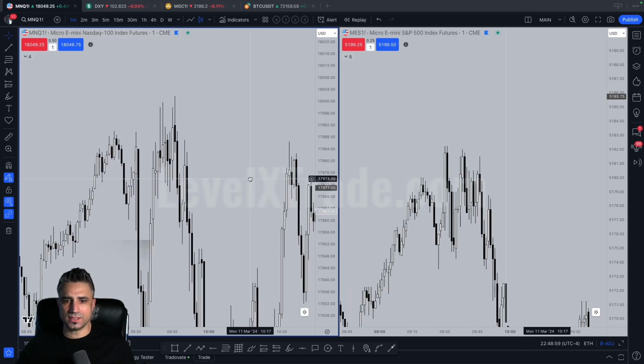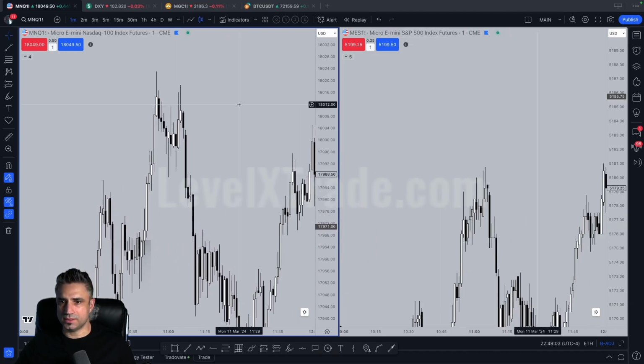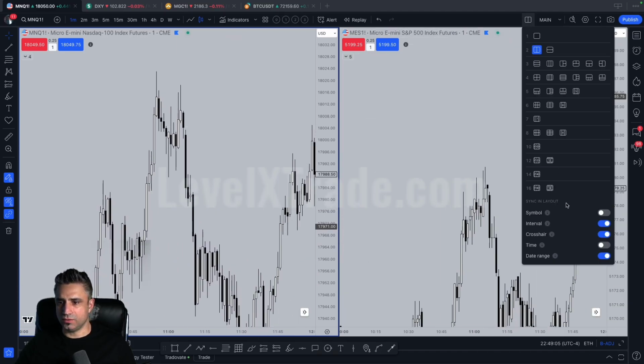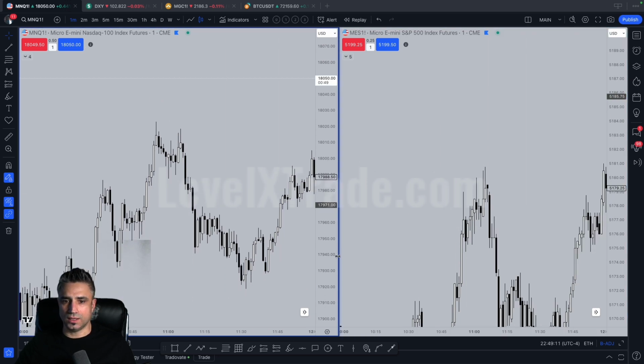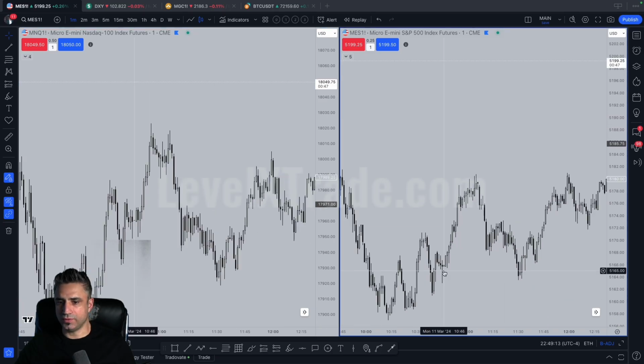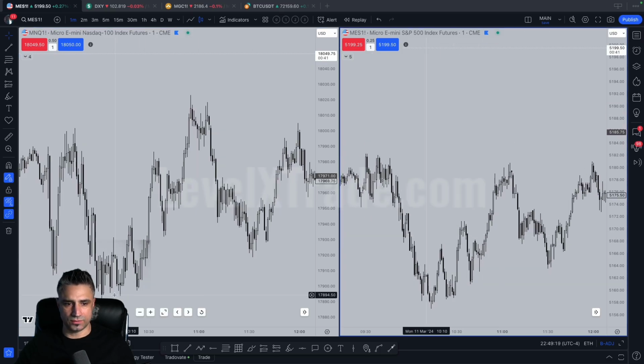But basically what I would recommend is for you to go into the chart, place it side by side, make sure that you have these controls activated, and then go through the chart and see if, in the area where you have a point of interest, or you're looking to place a buy or a sell, you have a discrepancy. Right here I found another one.